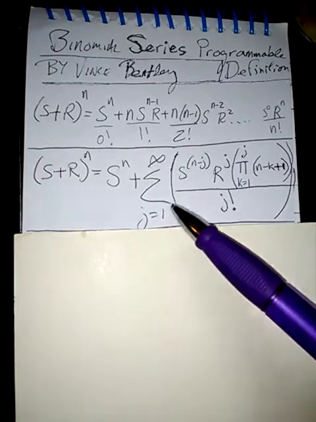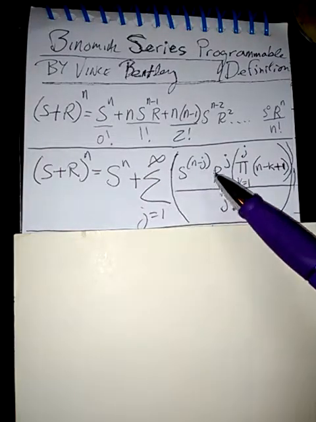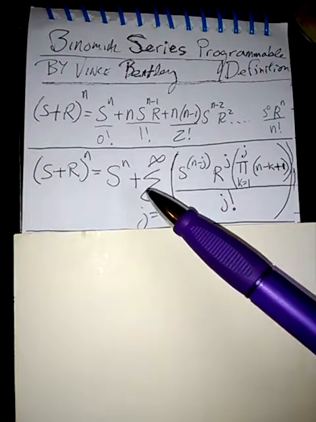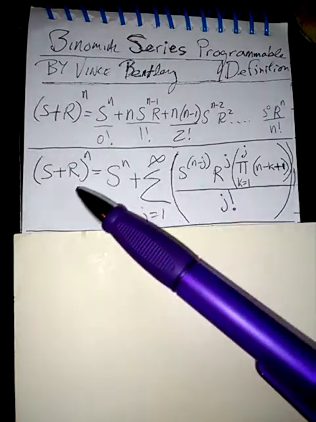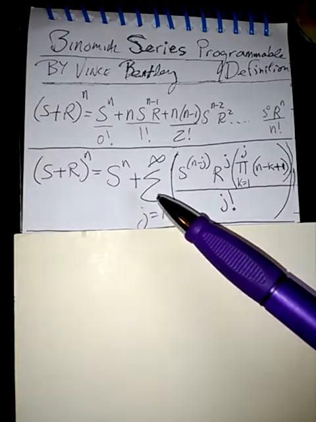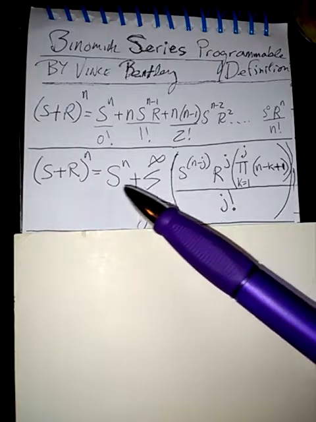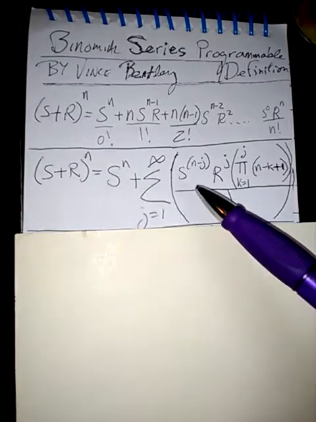So this is a new way to write the binomial series in a programmable fashion. You can program a computer, calculator, advanced calculator to generate the binomial series for certain quantities.